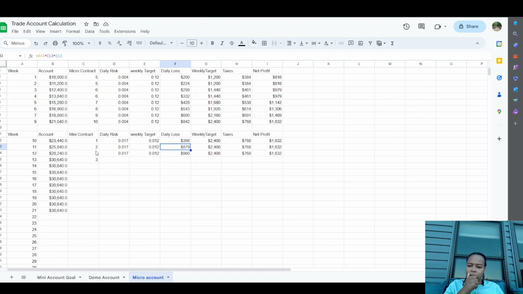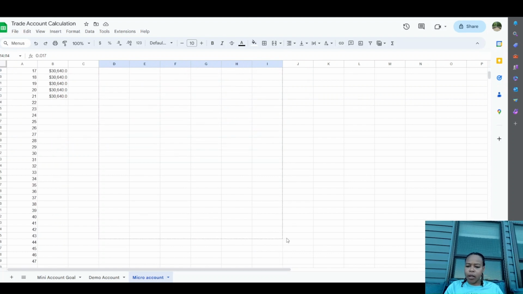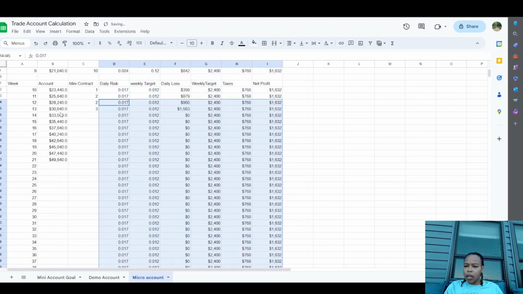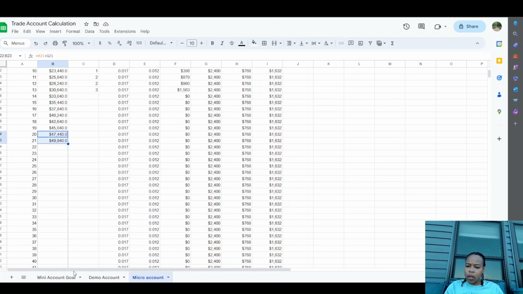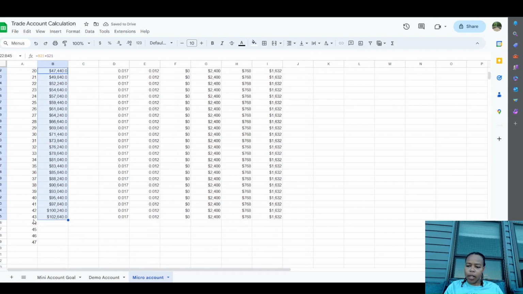Times it by how many contracts that we're trading. Yep. All right, so let's bring that down and continue this down as well. So if I don't change anything, I'll get to 100K in 43 months.